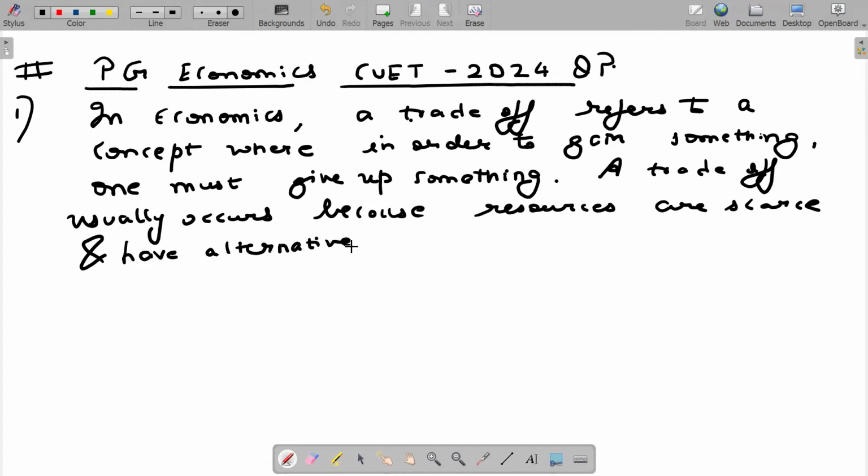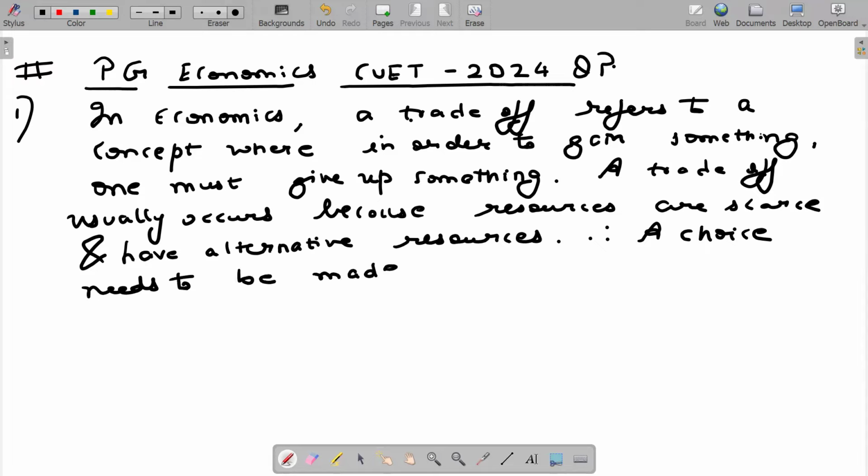Because the resources are scarce, the economic resources are land, labor, capital, entrepreneur. They are usually scarce and they have alternative uses. Therefore, a choice needs to be made. That is why a trade-off simply refers to gaining something by giving up on something.